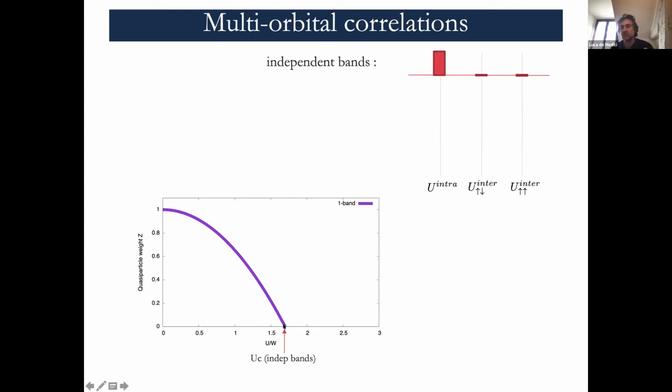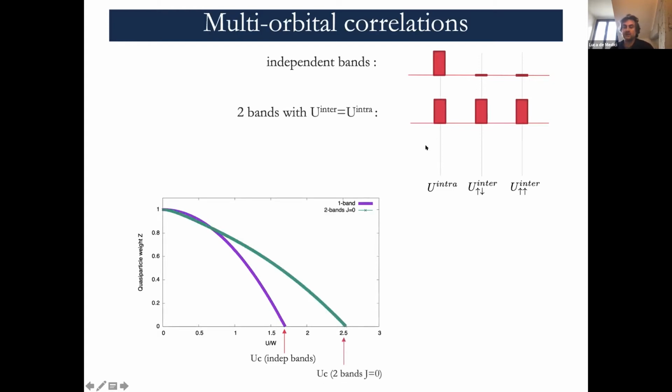Now, imagine that you turn on the inter-orbital interaction, so the bands talk to each other, both for parallel and anti-parallel spins. Well, you seemingly have more interaction, but on the other hand, you'll have a Mott insulator at a much higher critical interaction strength. So at the critical interaction strength where you had a Mott insulator for bands that were not interacting with each other, when they start repelling with the inter-orbital mechanism, they get more metallic, and you need more interaction to get a Mott insulator.